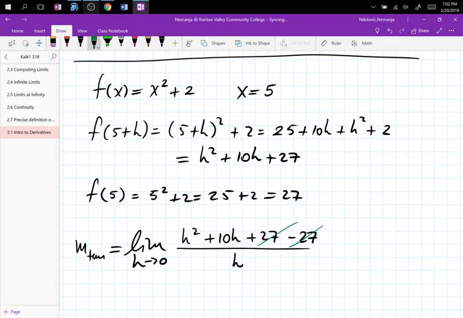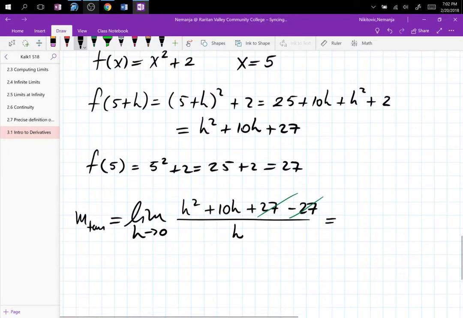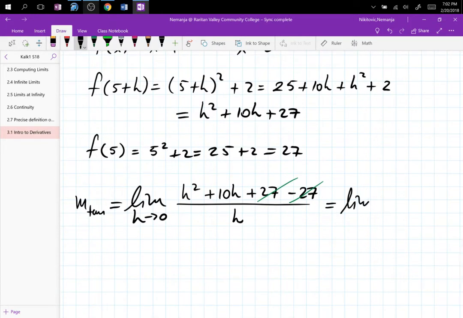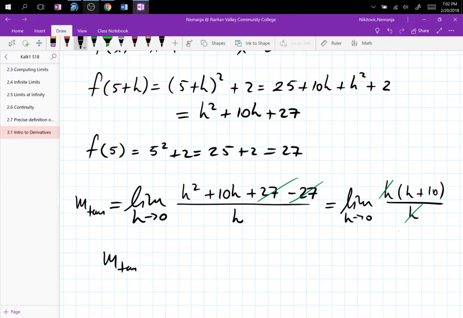The 27s die, and we can factor h. So we get h plus 10 over h. H goes to 0. Now the h's die. And we get that the slope of the tangent line is 10.